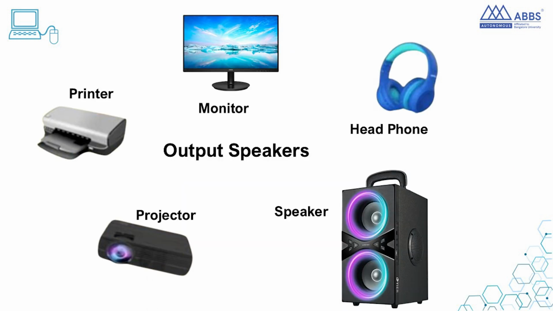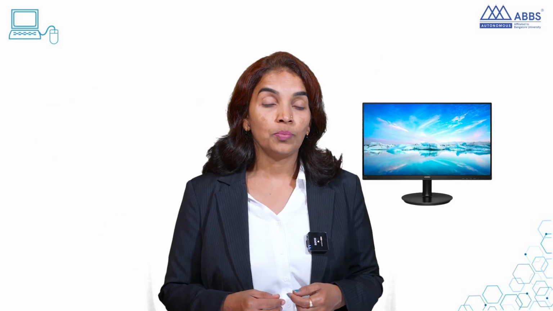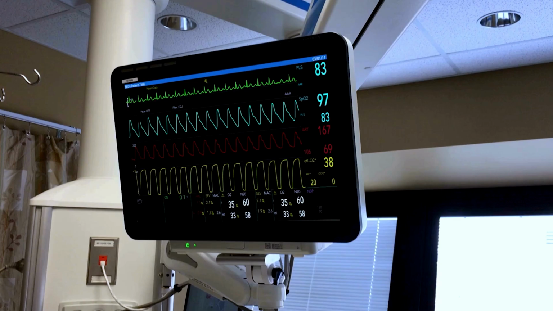For discussion, let us start with the monitor, which is one of the most commonly used output devices. This device instantly shows what processing is occurring inside the computer as an output. Today we have specially designed monitors for different purposes. A monitor inside a hospital is very different from the computer monitor which we use inside the house.